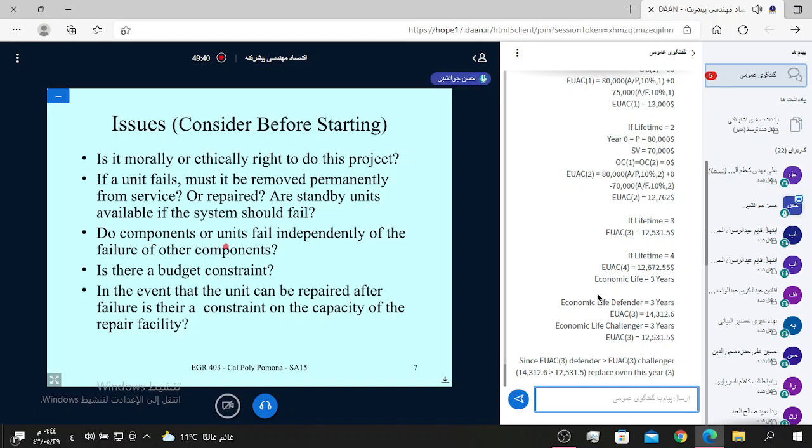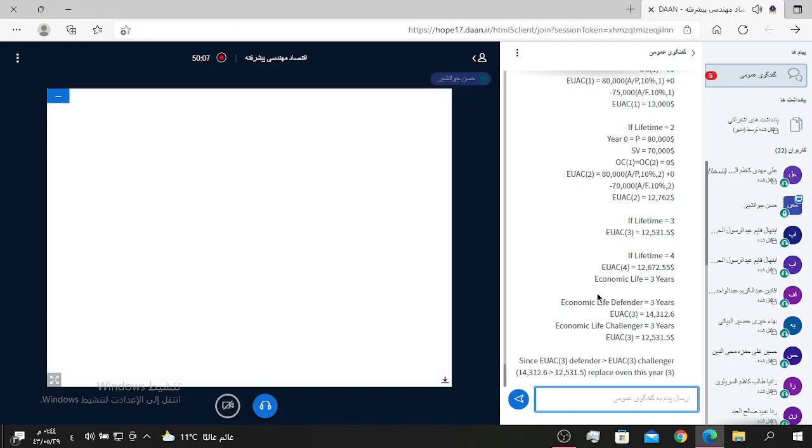Components or units may fail independently of the others. There is a budget constraint. In the event that the unit can be repaired after failure, consider the capacity constraint of the repair.